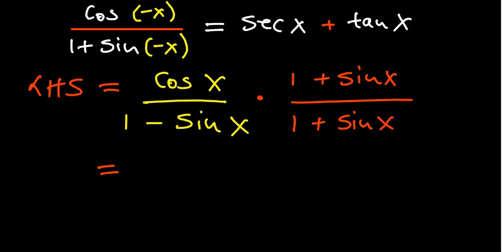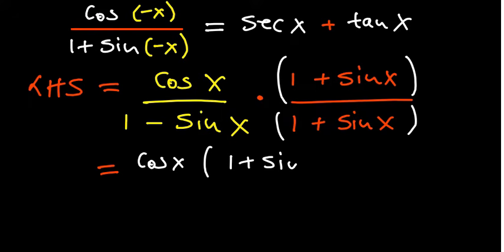So if you multiply, you have cosine of x multiplied by 1, since it's in the brackets, and then cosine of x again. Maybe for the sake of simplification, let me first read it in the brackets: 1 plus sine of x.